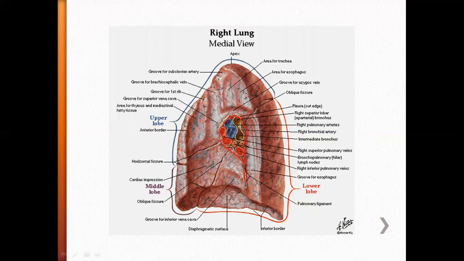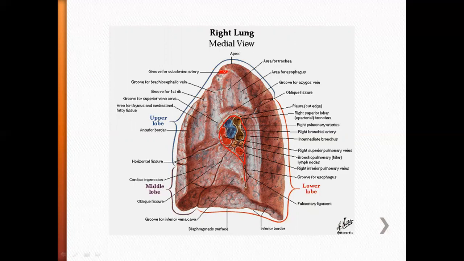Let's see what structures are related to the right lung on the medial surface, because the relations of both lungs will be different. Let's start from here. You already know this is the apex. Just below the apex, there is a groove for our subclavian artery. Subclavian: clavian represents clavicle, and sub represents below.